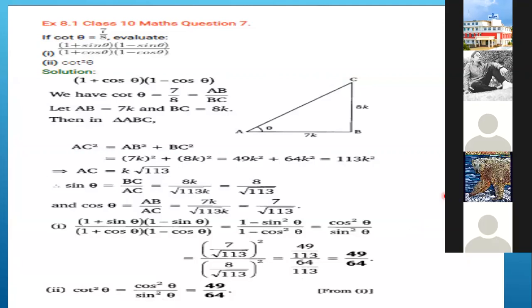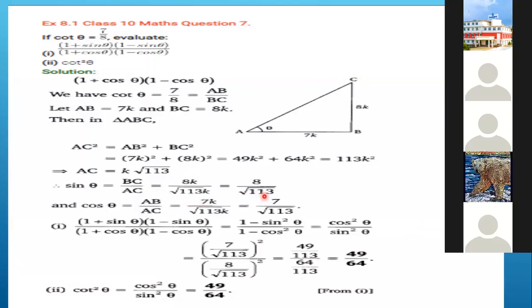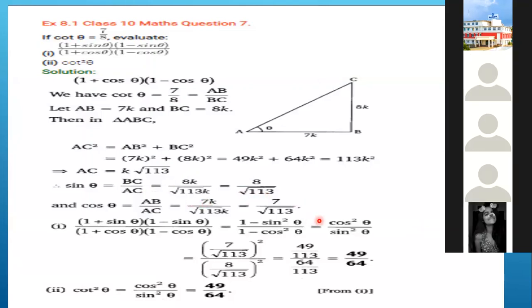I got the answer. Radha Ramya? Aniket? John? Okay, children. So do anyone have any doubt in today's class, children? No, ma'am.